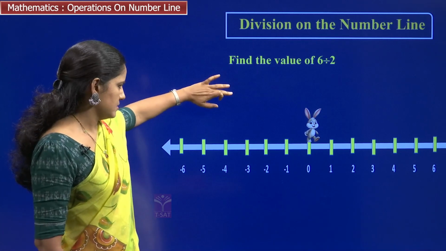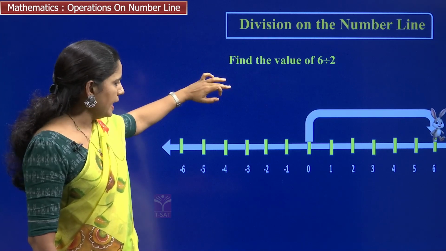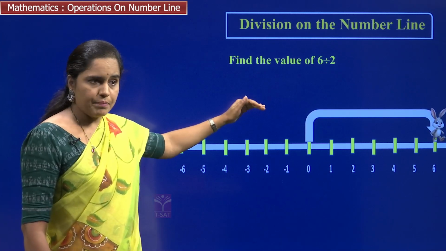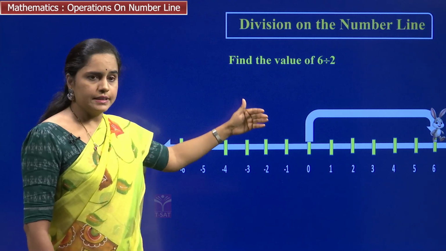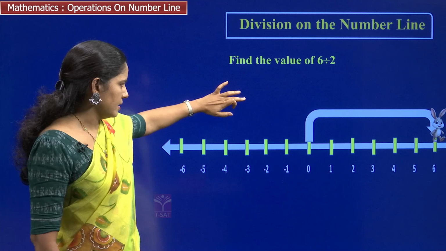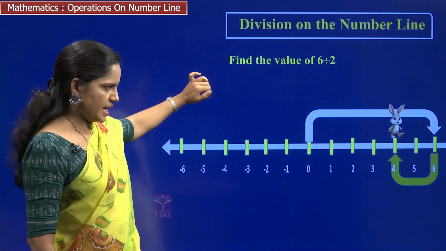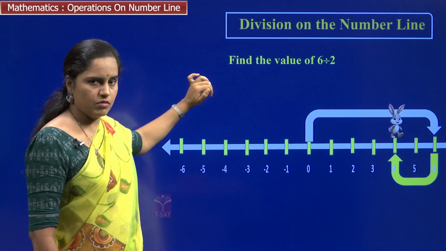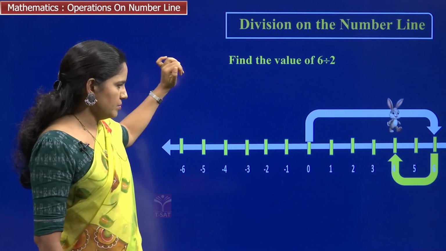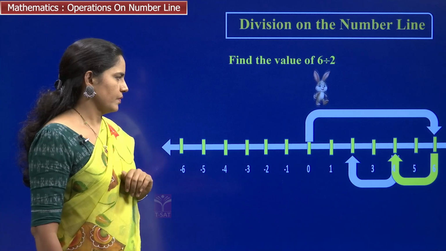Let us see. Go to 6 and next we are subtracting 2. Therefore, jump to the left 2 steps, again 2 steps. 6 minus 2 is equal to 4. And next jump to 2. And next jump to 0.